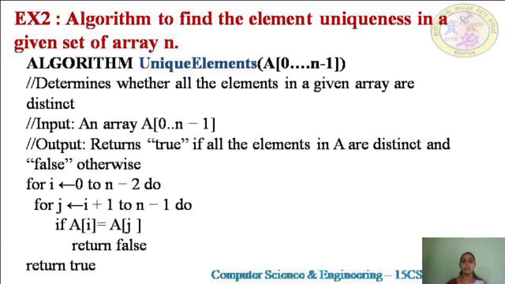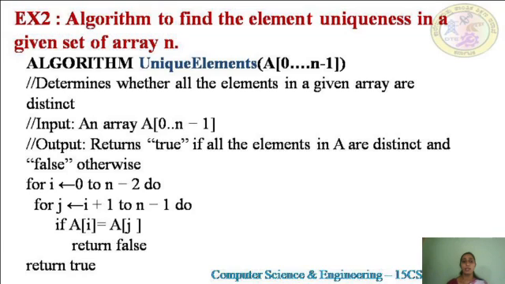Otherwise, the i value increments and the second element is compared with all the remaining elements except the first element. In this comparison, if any element is found similar, then it returns false. Otherwise, again the i value is incremented.